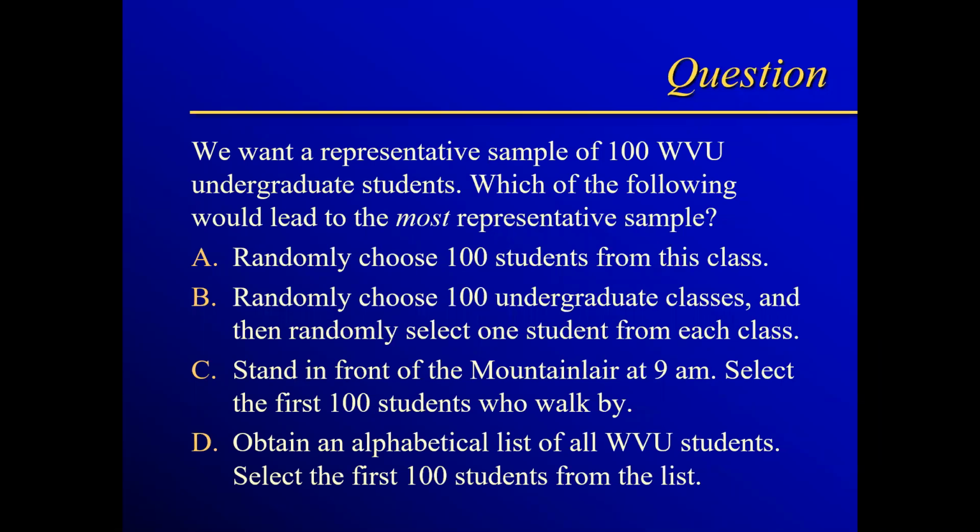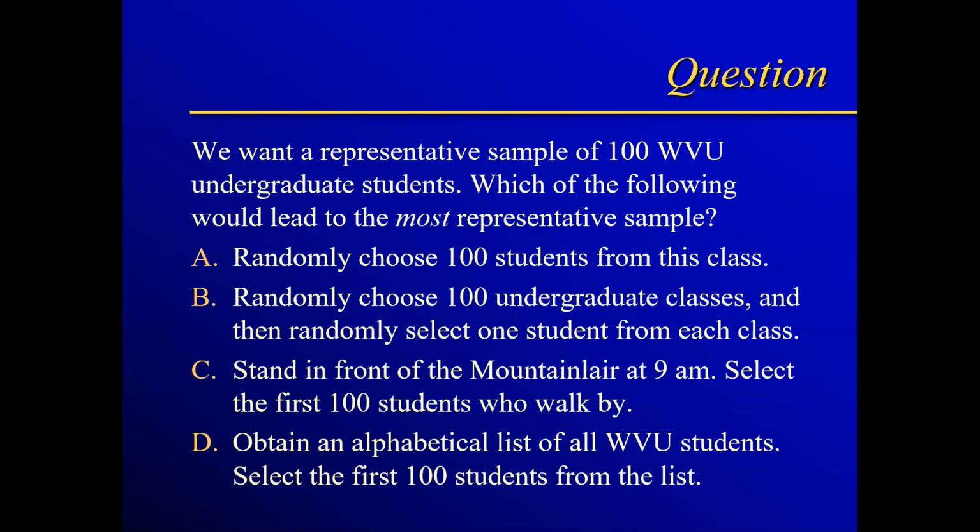So think about C. Think about the people who are around the Mountainlair at 9 a.m. I know for sure that I'm not going to be around the Mountainlair at 9 a.m. I'm probably not going to be in the Mountainlair at all, but definitely not at 9 o'clock in the morning. People who are around the Mountainlair at 9 a.m. are probably freshmen or earlier students who have classes on campus at that time.